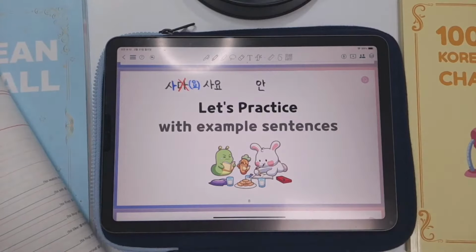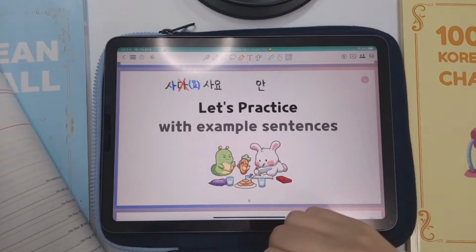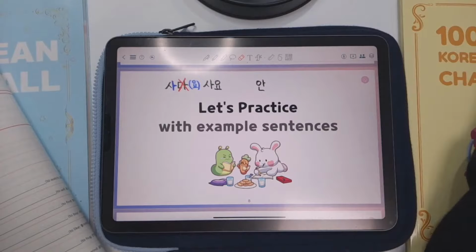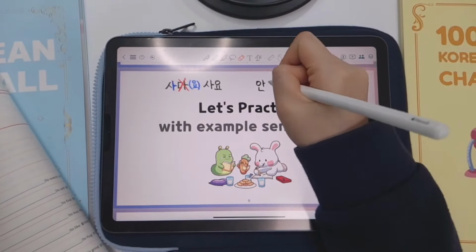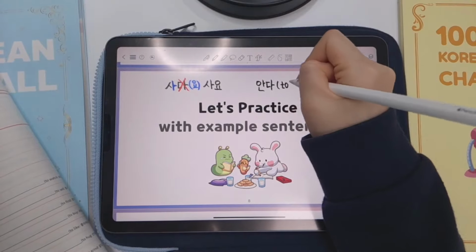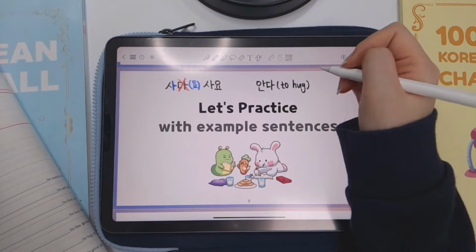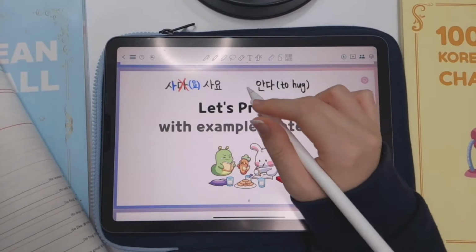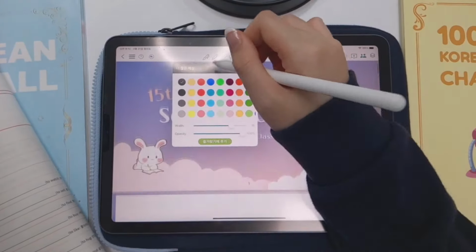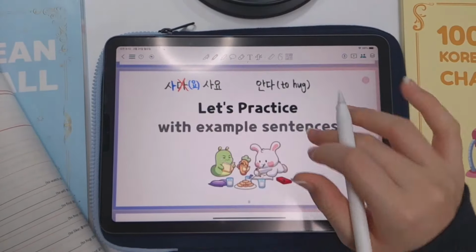And what about 안아요? To hug. It is 안다, right? 안다, which means to hug. 맞아요. 프라틱샤씨, okay, 안아요. Where is 안아요? Oh, here it is.